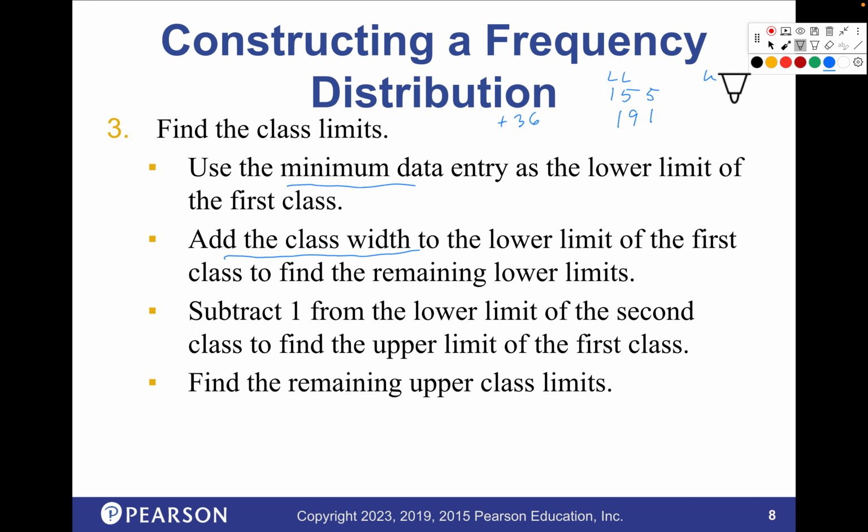The upper limit, once we've calculated that, we subtract 1 from this 191 to get 190. That gives us the upper limit. I'll just put a subtract 1. Okay. And so you go through and calculate all the lower limits, 36 plus 191.